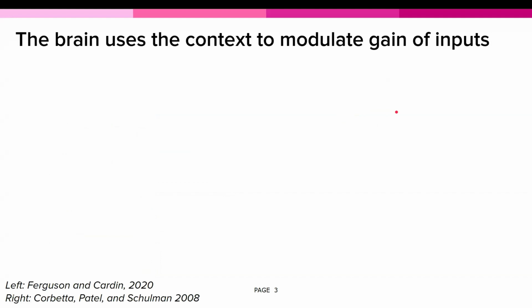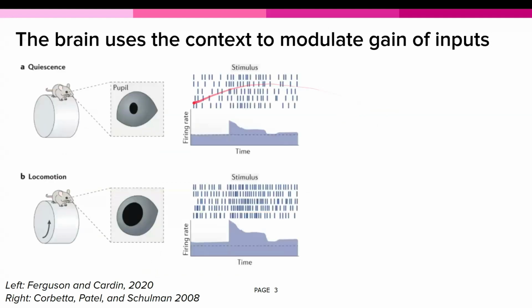Intriguingly, though, in real brains, the effect of inputs actually depends on the particular context in which the animal finds itself. For example, this image on the left shows firing patterns of neurons in the visual cortex of the mouse.